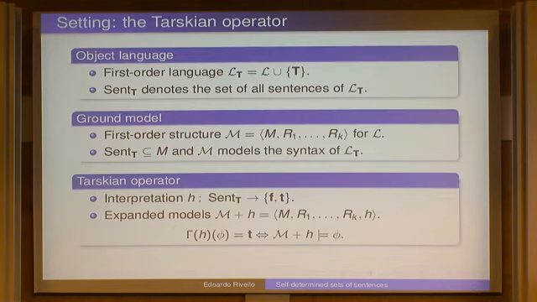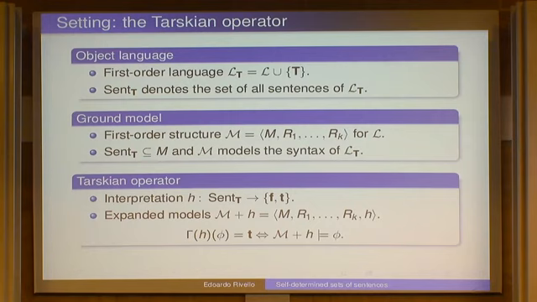So let me just fix the mathematical setting. As usual, we fix a first order language L augmented by a unary predicate T, and we also fix a ground model, just a first order structure for the language L. And we assume that all sentences of the expanded language are also objects of the domain of the structure.